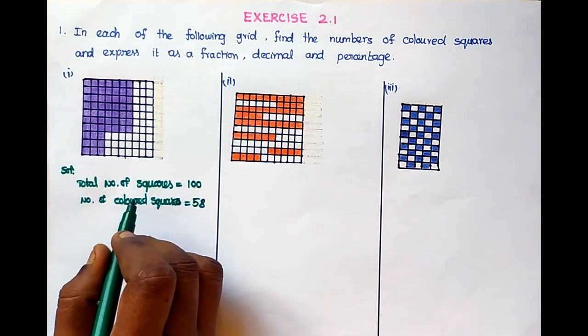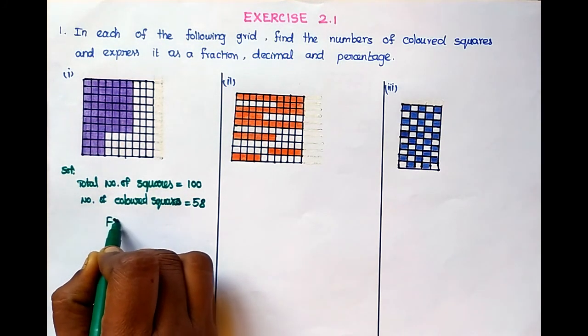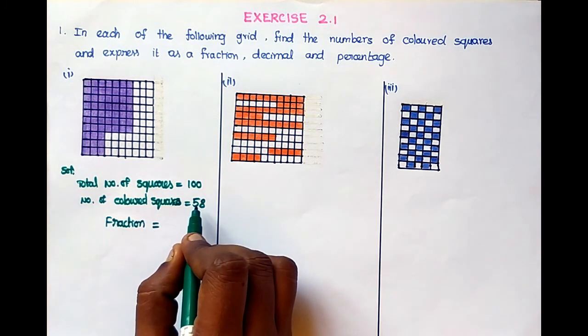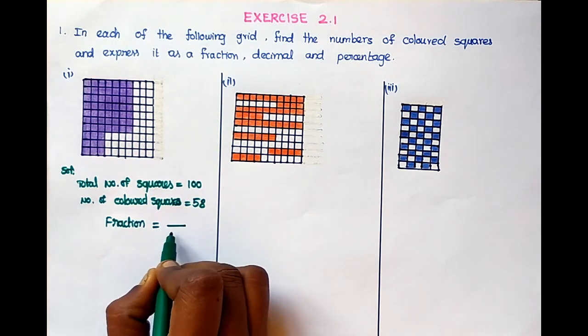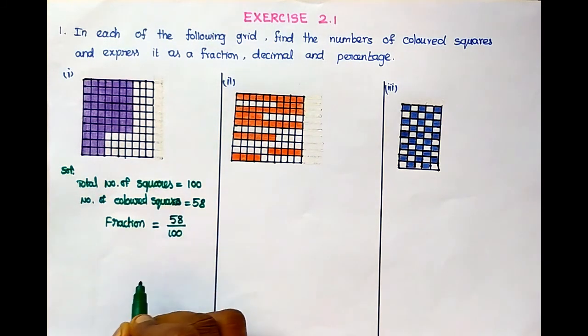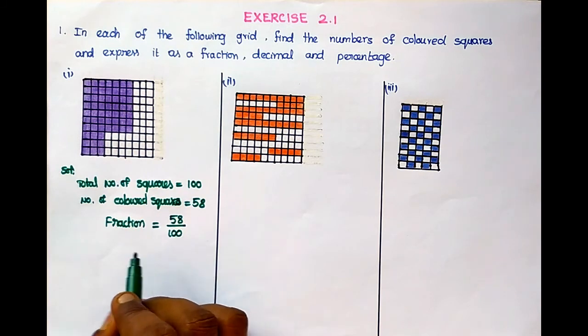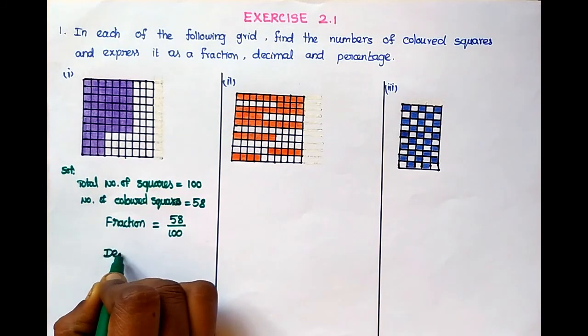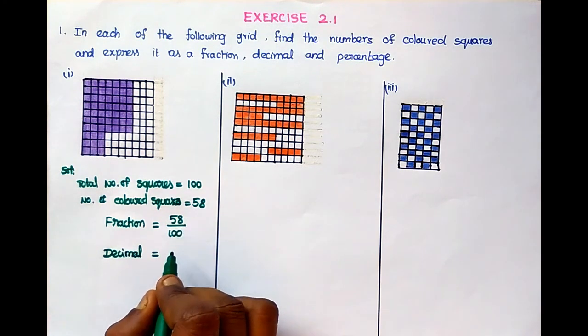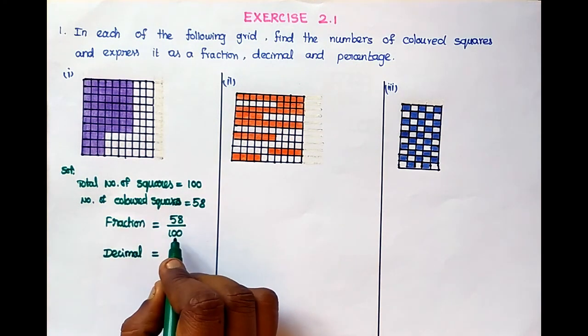Now fraction. How will you write it as a fraction? Totally 100, in that 58 were colored. So 58 by 100. And then decimal. Divide, then we get the decimal.